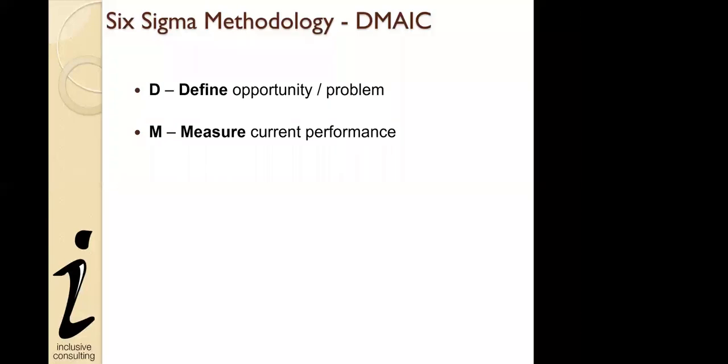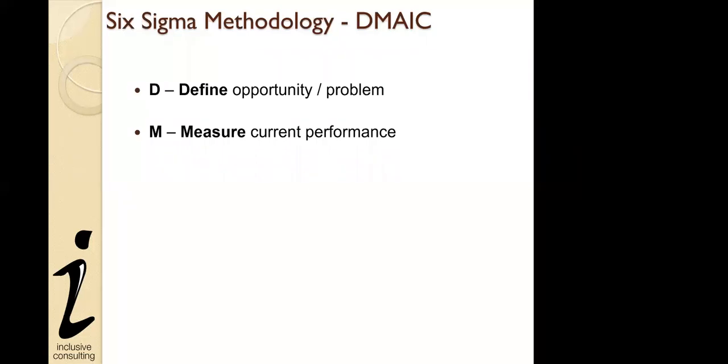Then you have the measure phase, which is where you measure where you are at right now. A lot of times the mistake companies make is that they know what the problem is, or what the opportunity is, what their target is, and they immediately go towards achieving that target. They do not spend time correctly and accurately measuring the level they are currently at.